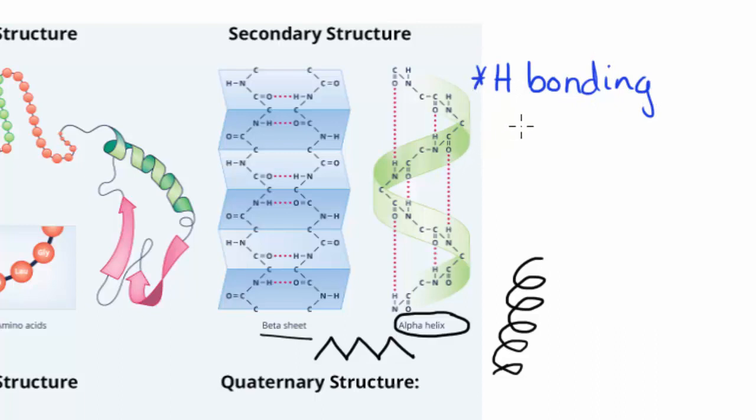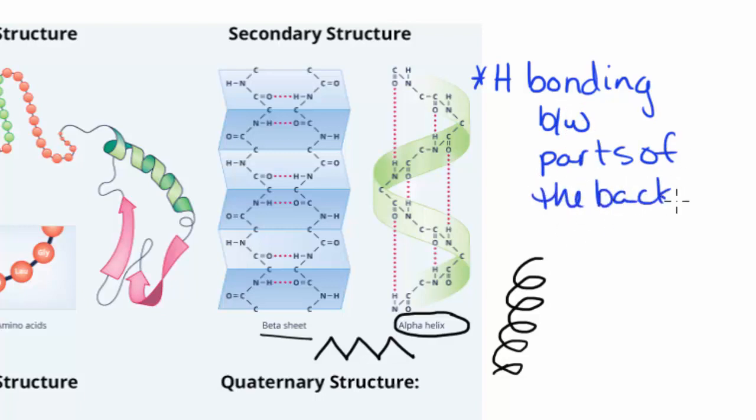And the other important part is that it's hydrogen bonding between parts of the backbone. And what we mean by the backbone is that these are parts of the polypeptide that are not side chains or not R groups. The R groups are going to get involved later on.